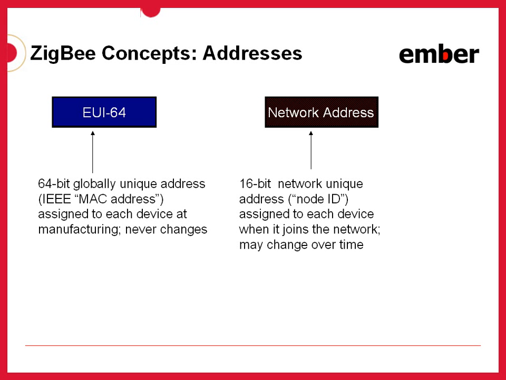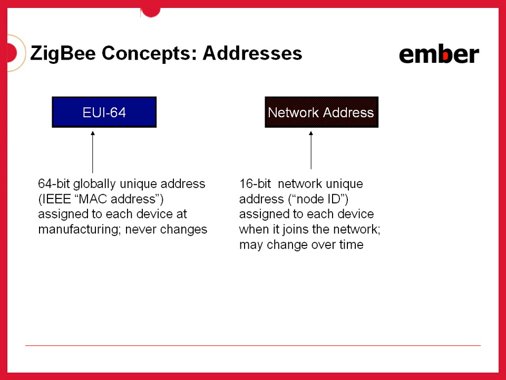The EUI64 is a 64-bit address that is globally unique, meaning no two IEEE-based radios in the world should ever have the same EUI64. So this is something generally assigned at manufacturing time. In the case of Ember's chips, these are assigned when the chips come out of our factory before they arrive to you. But the concept is this would be set at manufacturing time and never changed. And that's how you tell one radio from another.